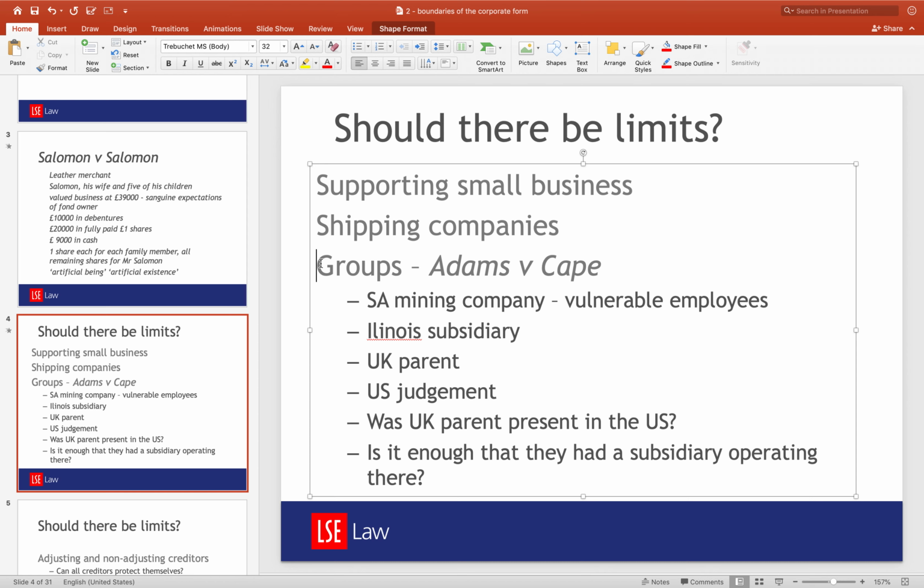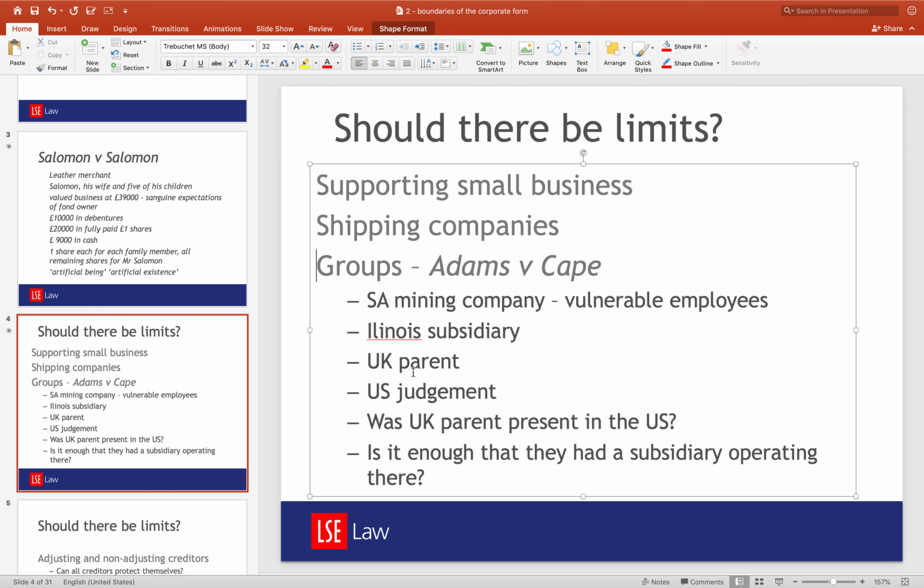Now, we're approaching the question: should there be limits? A good case illustrating the problem is Adams and Cape. I'm sure you remember this was about a miner in a South African mining company.